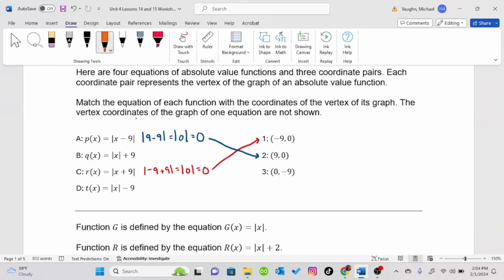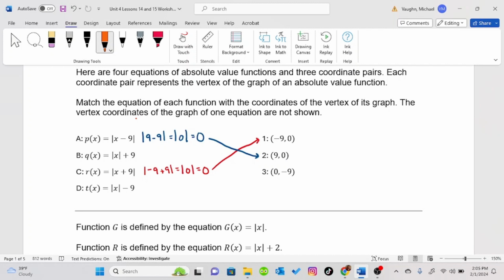And finally, number 3, we have 0 for x and -9 for y. If we look at B, the absolute value of 0 is 0, and 0 plus 9 is 9. That doesn't match.